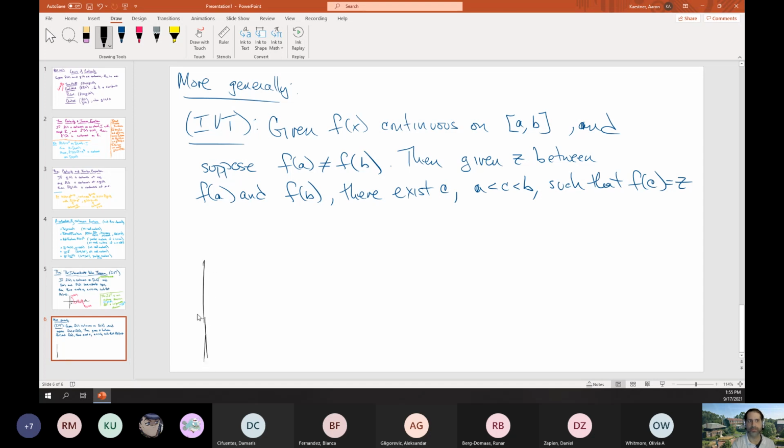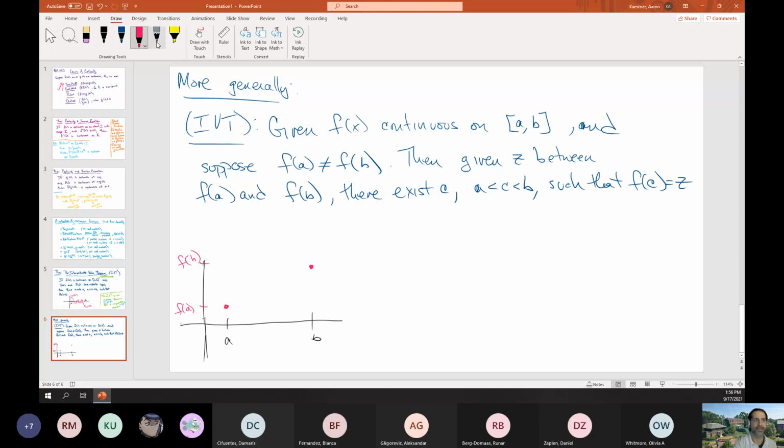Right? In other words, let's try to look at this pictorially again. So here's my a, here's my b. Let's put f of a down there, so that's f of a. Let's let that be f of b.